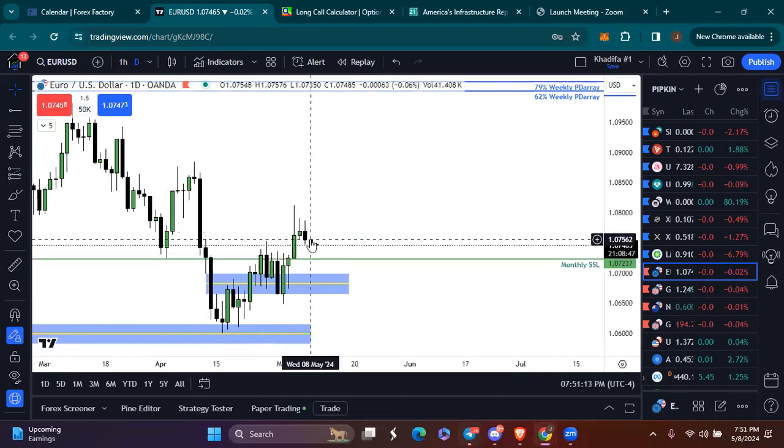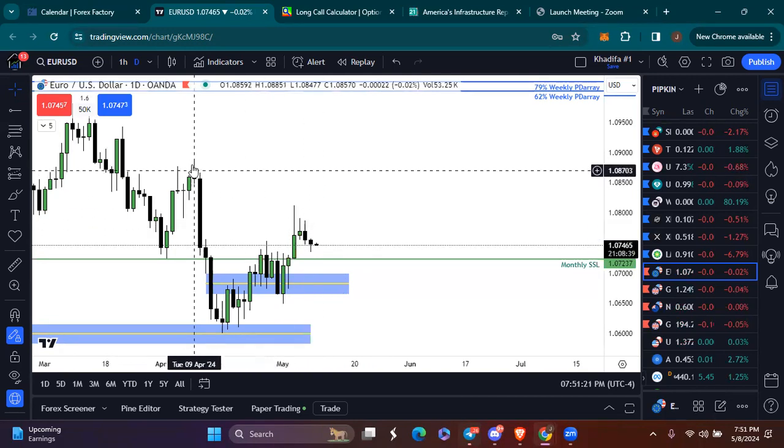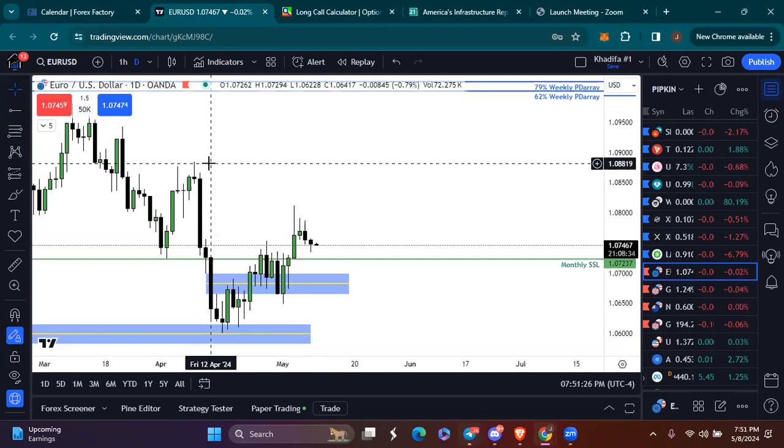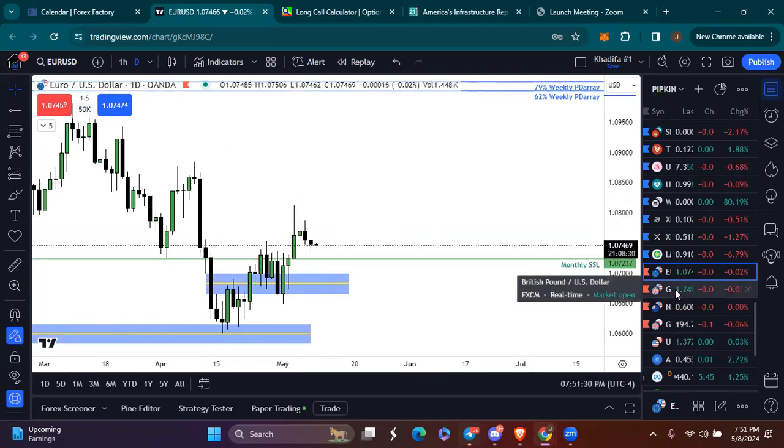So if I did trade EURUSD, I would be looking to enter my long position from where price is currently at, targeting this swing high. Your stop loss would have to be according to your risk management rules. Mine is no more than 2%.